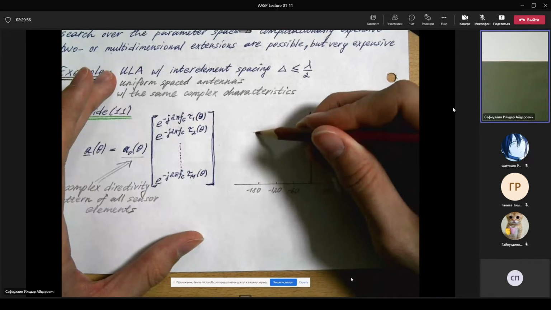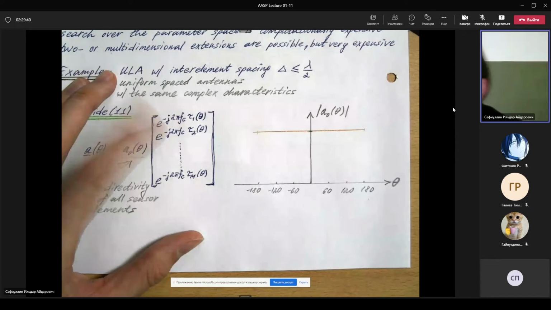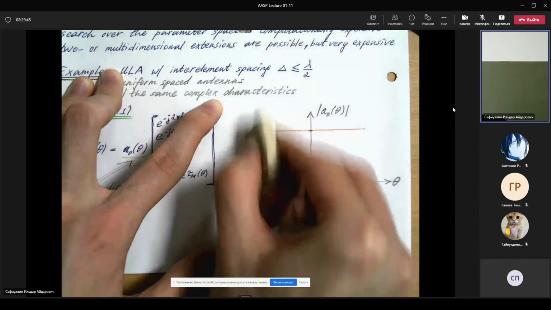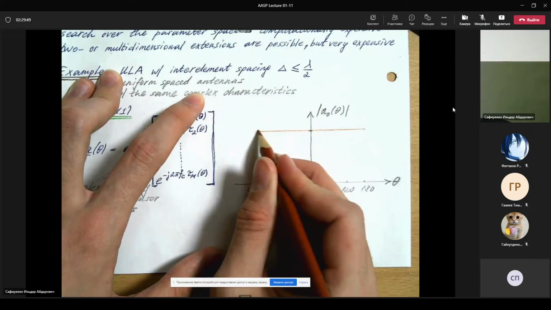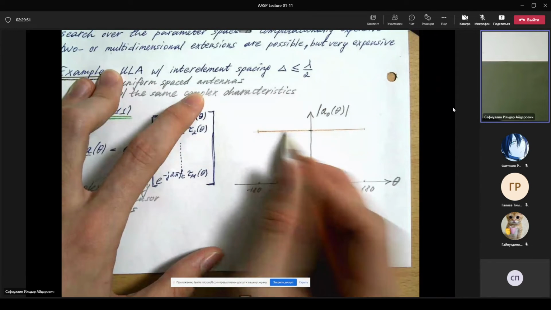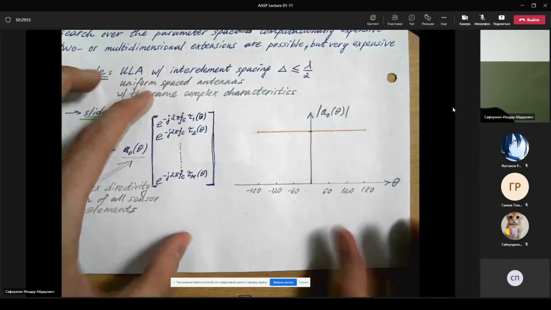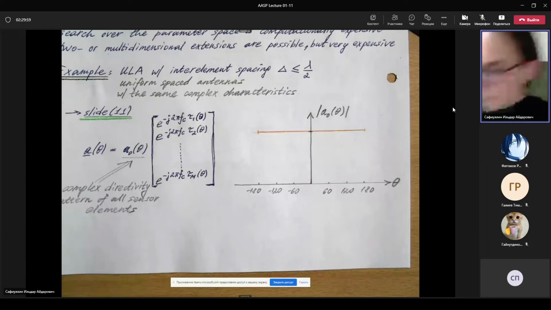We need to stop here and here. So from minus 180 up to 180, we have the value equal to 1.